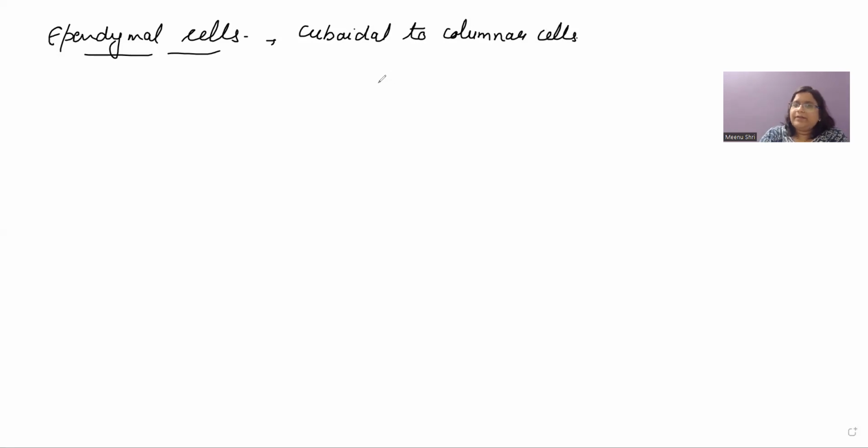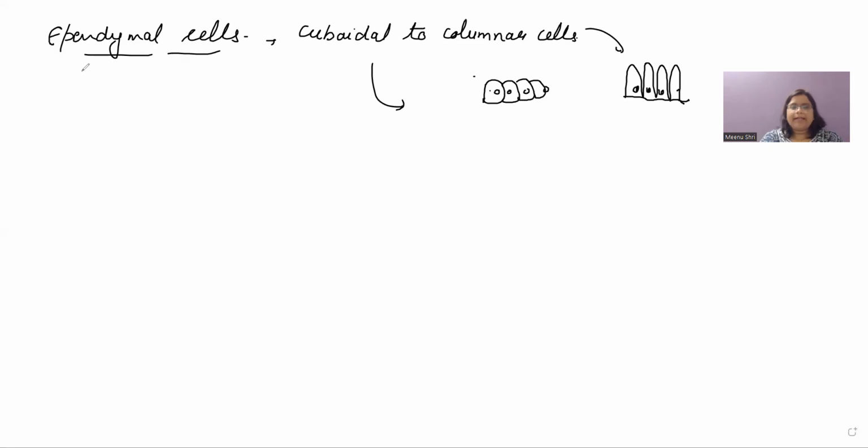They have a cuboidal shape just like this, and columnar just like this type of cells. This is the columnar and this is the cuboidal shape. So ependymal cells are cuboidal to columnar shaped cells.